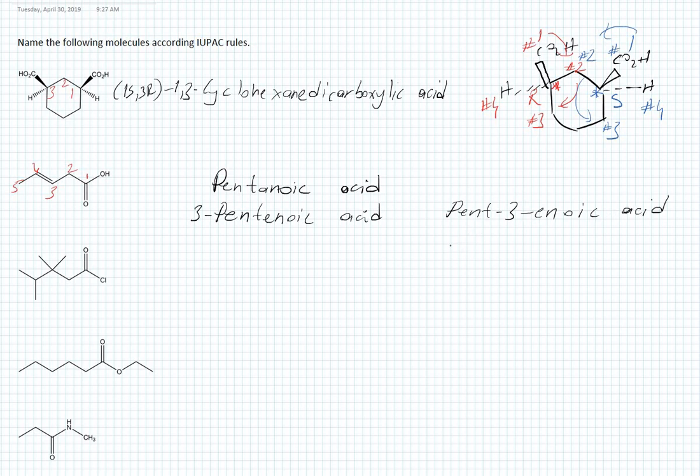In some places people prefer this way, pent-3-en-1-oic acid, but as I said before, the 1 is not necessary, because we know that a carboxylic acid carbon always has to be number 1. Okay, let's keep this one or this one, we can do both.